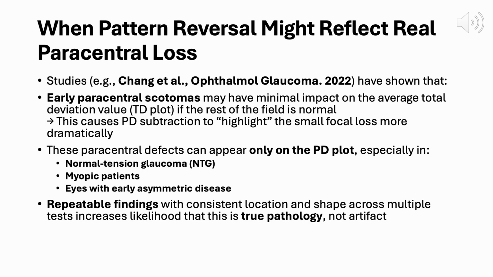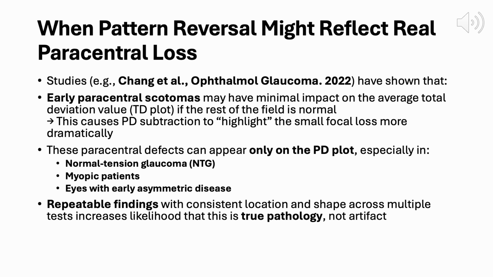While pattern reversal is often an artifact, there are cases where it reflects true early disease, especially in the paracentral region. Studies like Chang et al., Ophthalmol Glaucoma, 2022, have shown that early paracentral scotomas may not significantly lower the overall total deviation values if the rest of the field is normal.